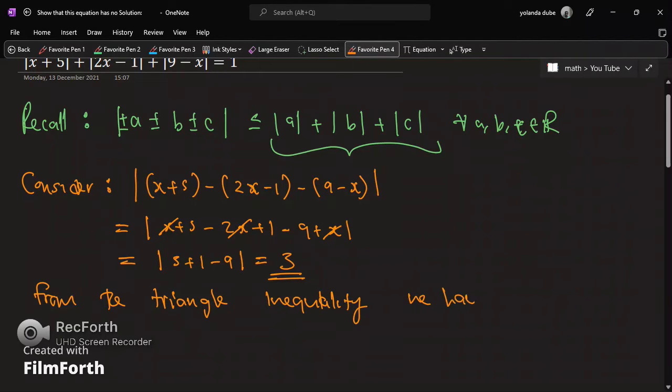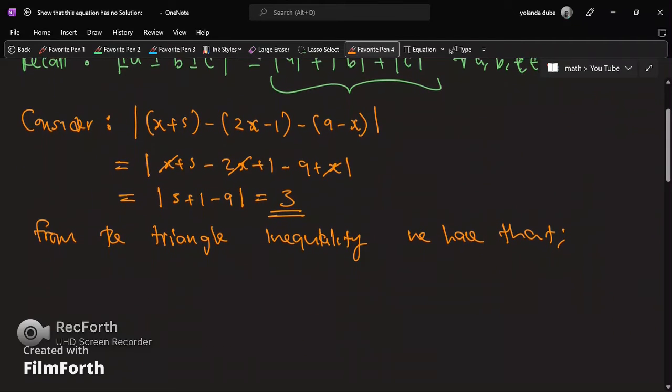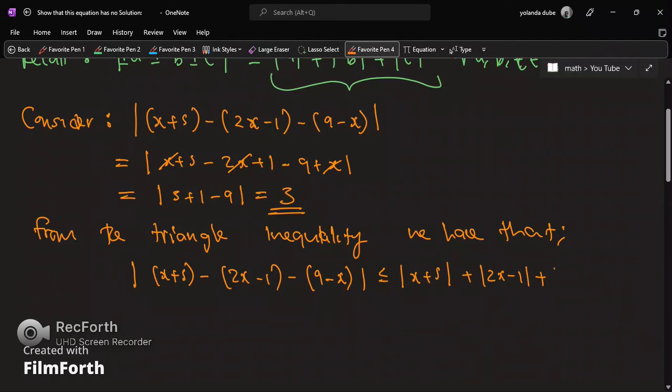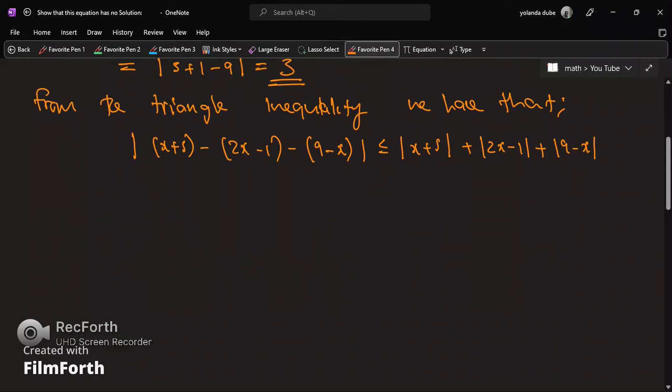But from the triangle inequality, we know that the absolute value of x plus 5 minus 2x minus 1 minus 9 minus x is less than or equal to the absolute value of x plus 5 plus the absolute value of 2x minus 1 plus the absolute value of 9 minus x. But we have already shown that the left side is equal to 3.